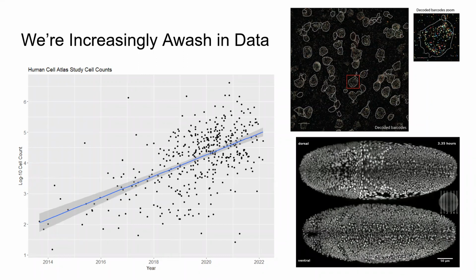And in the bottom right, you have light sheet microscopy showing embryogenesis at very high resolution. To reiterate, these methods are increasing in throughput, decreasing in cost, and becoming more accessible, and as a result, there's just tons and tons of data to work with, which is super exciting.